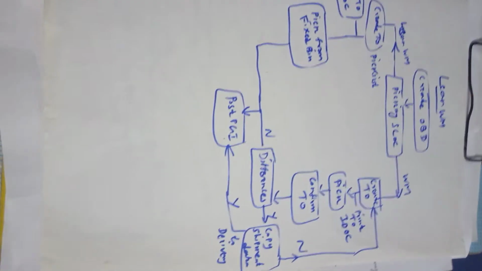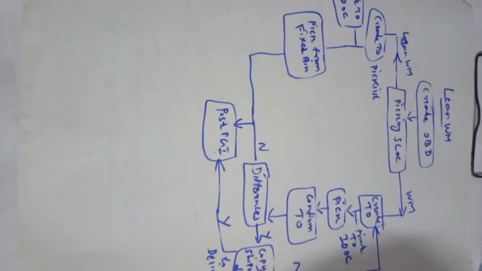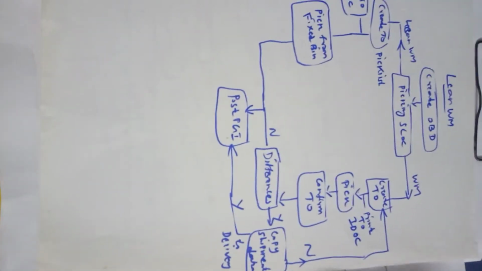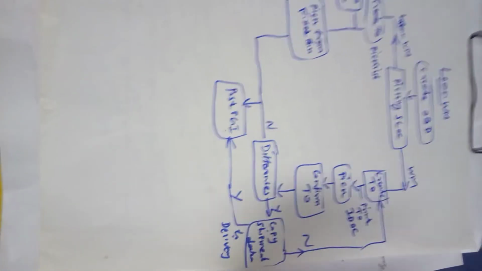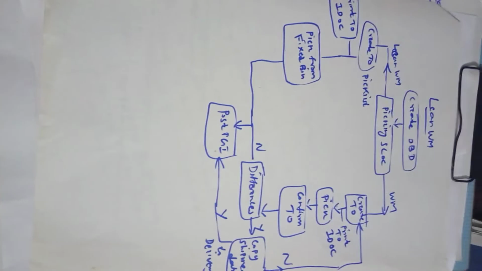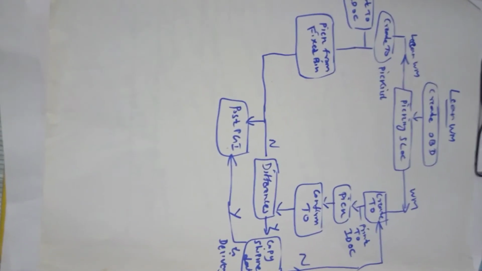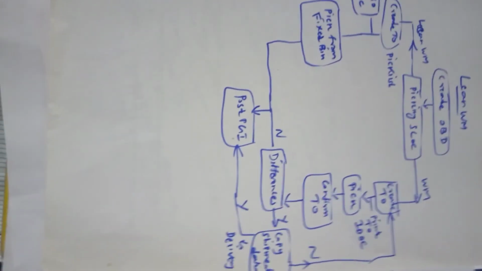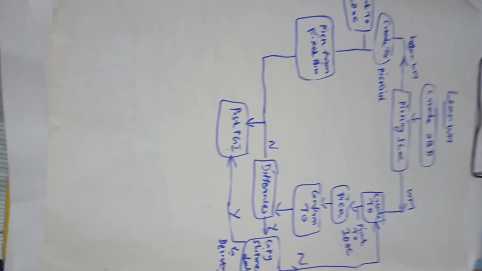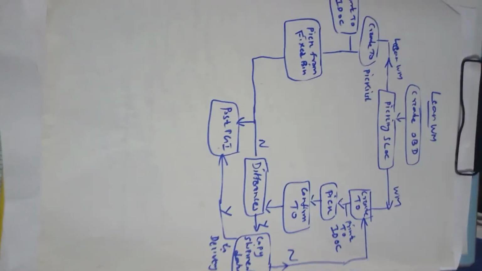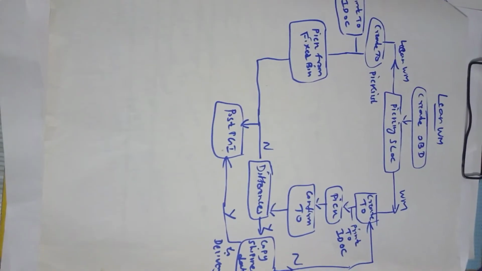And some of the WM functions are not included in lean WM. Those are storage sections, reserve storage bins, strategies for put away and picking, replenishment process, and inventory at storage bin level. These are not required in lean WM.